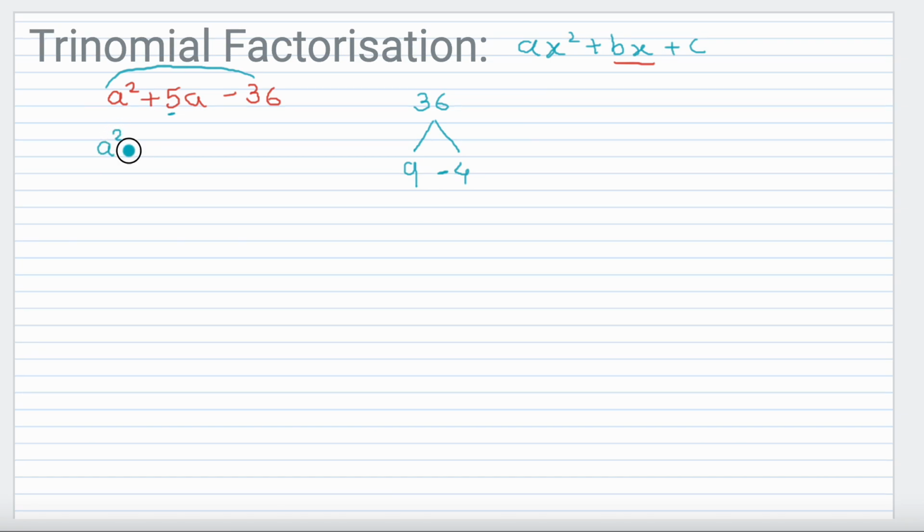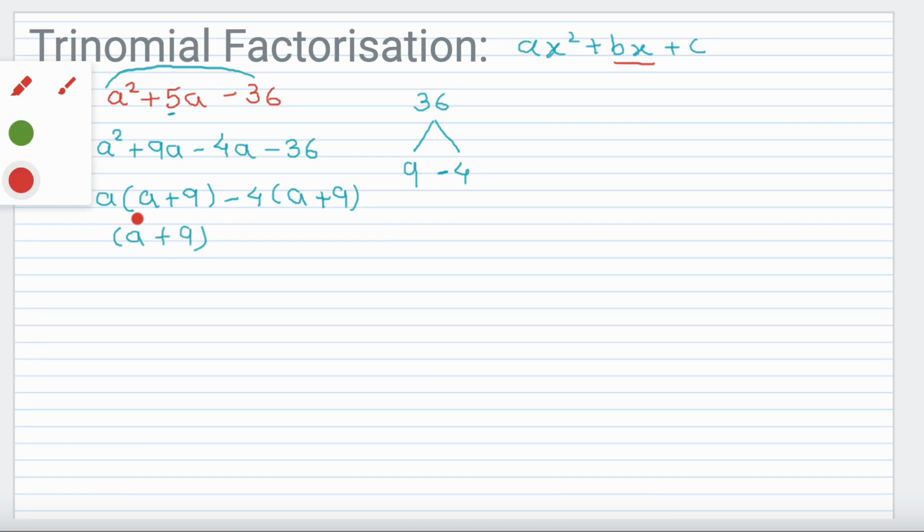We are going to write like this: 9a minus 4a minus 36. Now take a common, so here you will get a plus 9, then take minus 4 common, so here you will get a plus 9. Then a plus 9 is common.